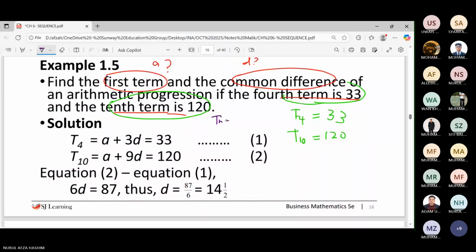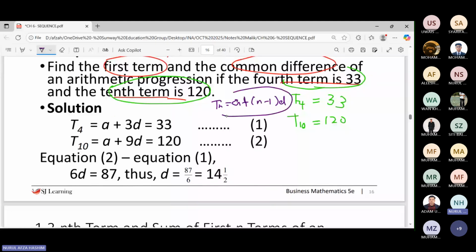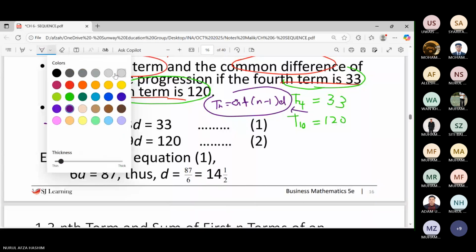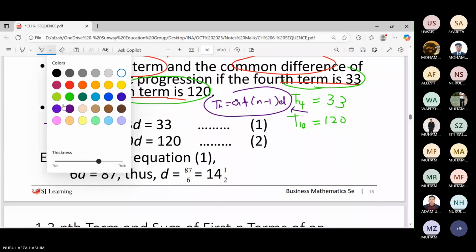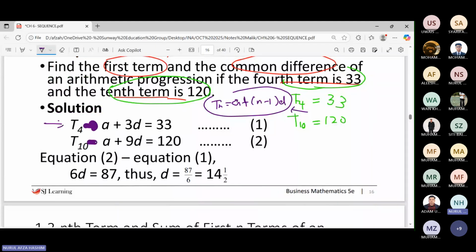It should be A plus n minus 1 D. So you use this formula and substitute the value. So you're going to get this one. This is your T4, this is the formula, and then this is T10.